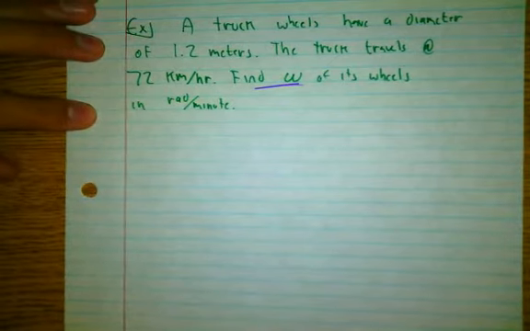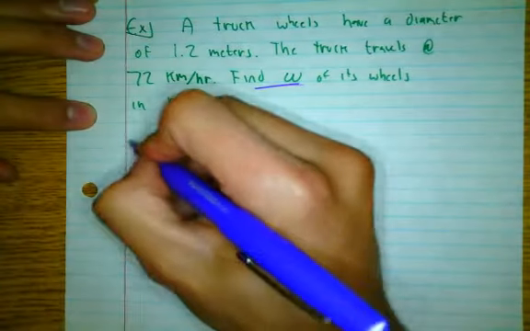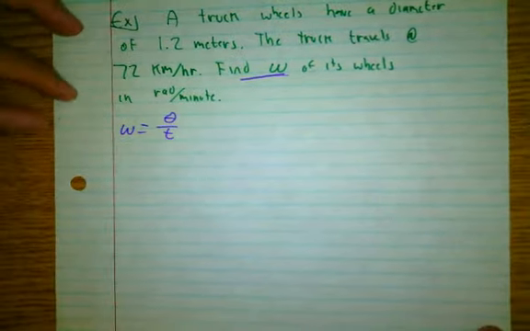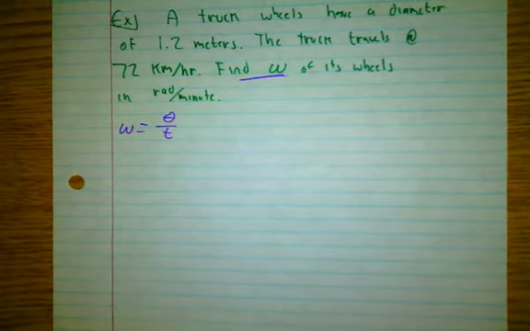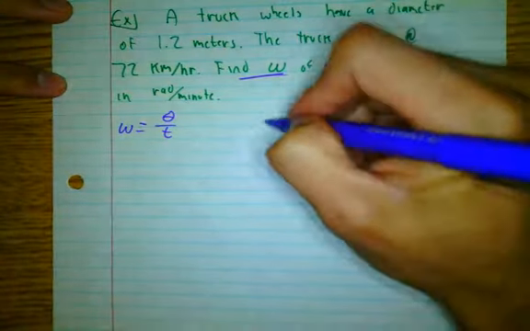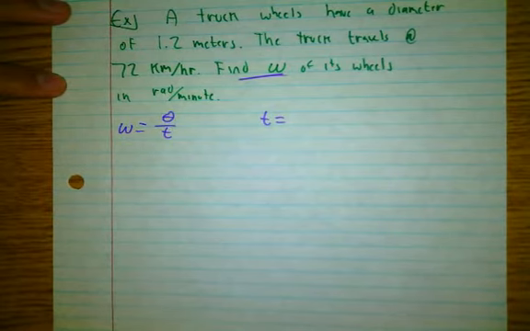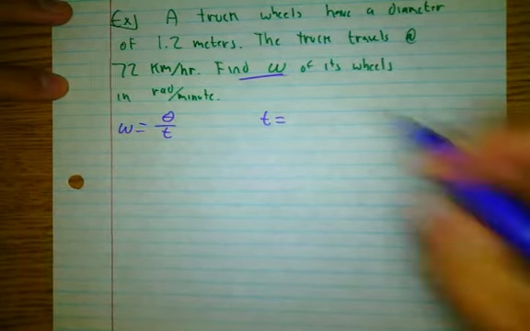That's the formula I need. So I need to find out what theta and what the time is. Let's start with what we know. Reading the problem, you should know what time is. What's the time? 1 hour. The question now becomes, what is theta?